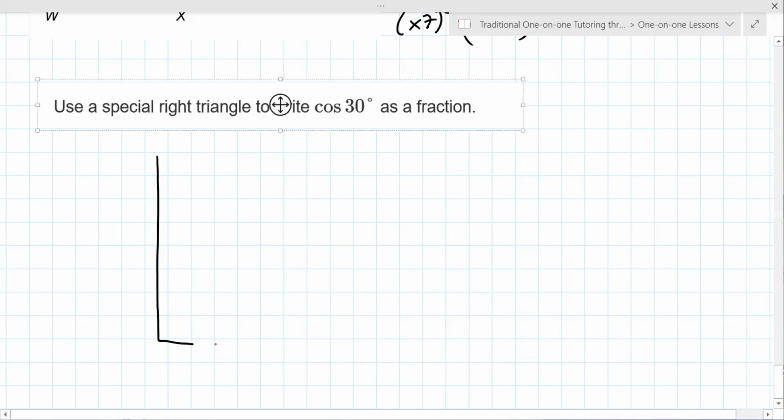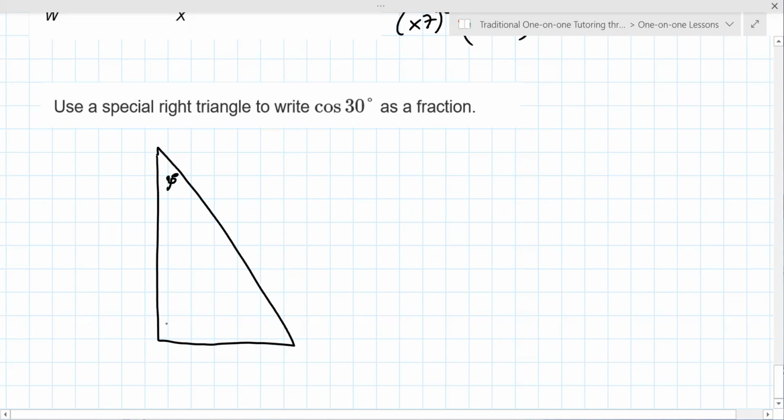This is 30 degrees, this is 90, and this is 60 degrees. If this side length is 1, the hypotenuse in what's called a 30, 60, 90 triangle is double the short leg. So that's 2. And the long leg is the short side times the square root of 3.